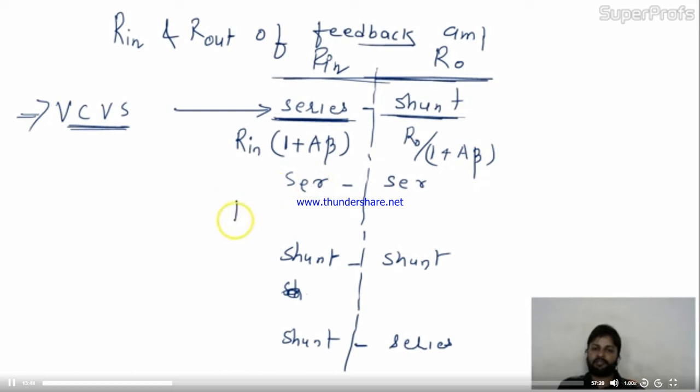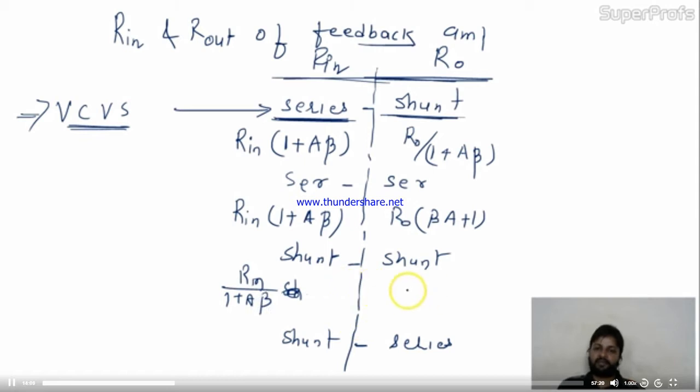Similarly, in the series, the same thing is going to happen. In both cases, the resistance will increase. If they are shunt, it is going to decrease here. 1 plus A beta is the factor by which you have to multiply or divide. R0 over 1 plus A beta.